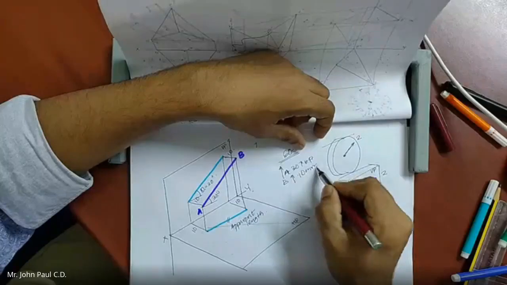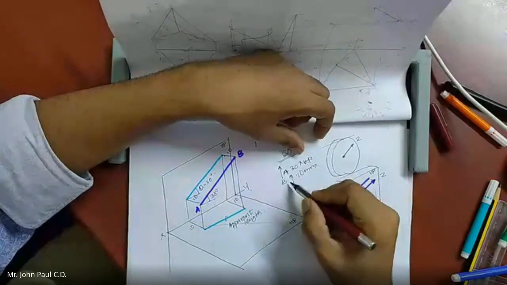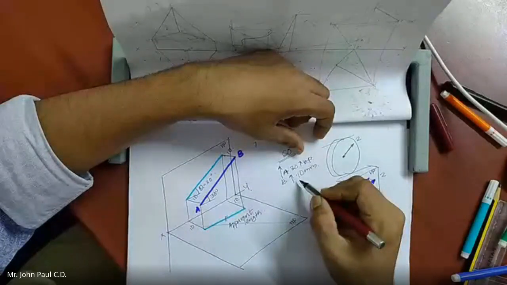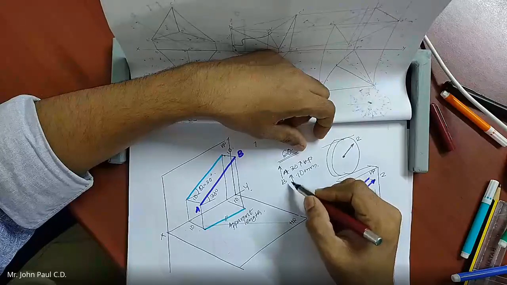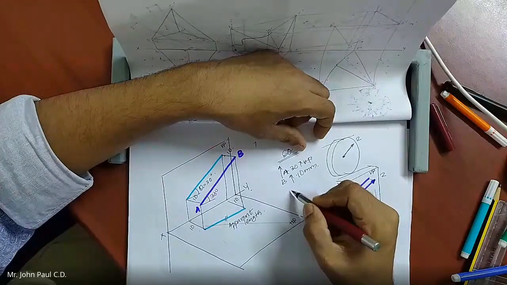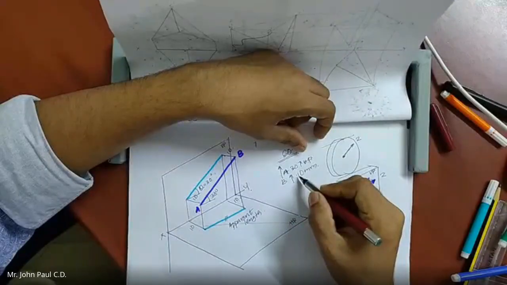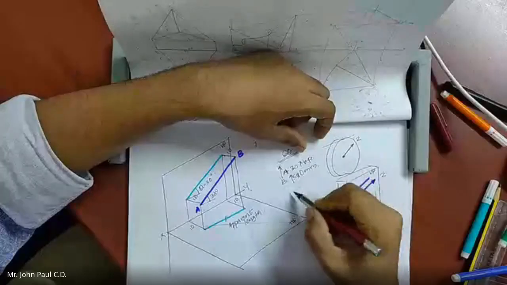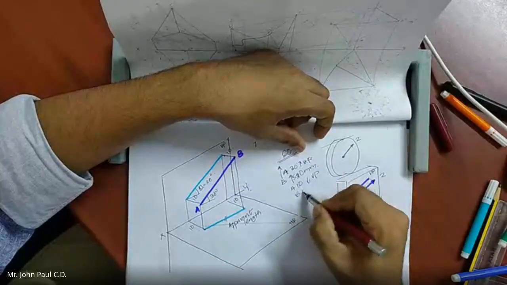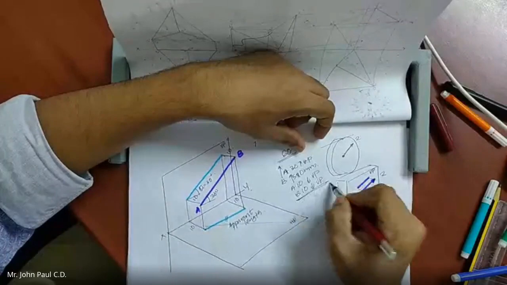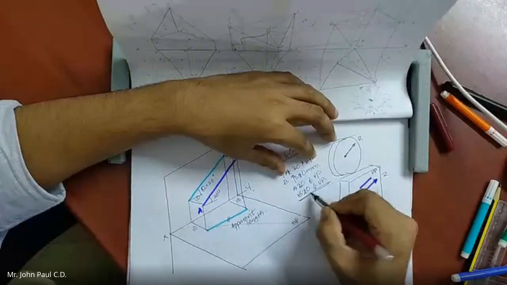And then the position of A and B with respect to VP. A is 20 in front of B 10 mm. Is it 50? 50, sir. A is 10 mm in front of VP and B is also 10 mm in front of VP. Am I right? 20 mm, sir. Okay, let it be 20.